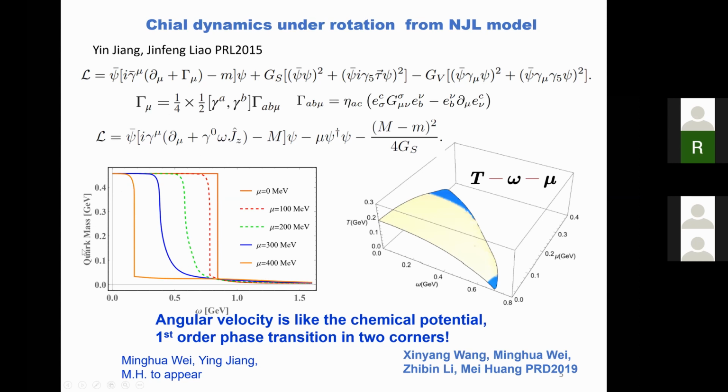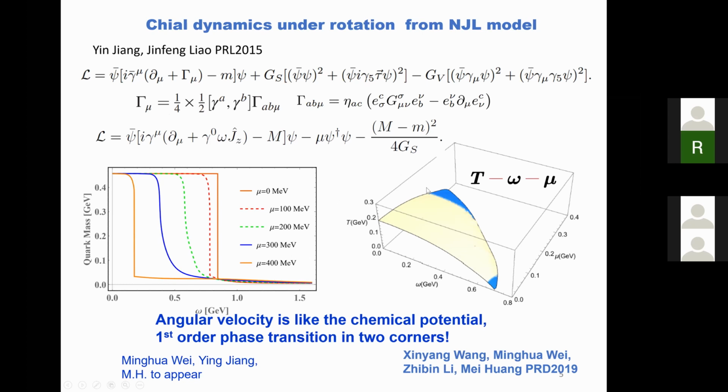For example, the constituent quark mass or the chiral condensate as a function of Ω for different μ. We see that actually there are two different first order phase transitions. One is the first order phase transition at zero μ or small chemical potentials, and another first order phase transition will happen at high chemical potentials.